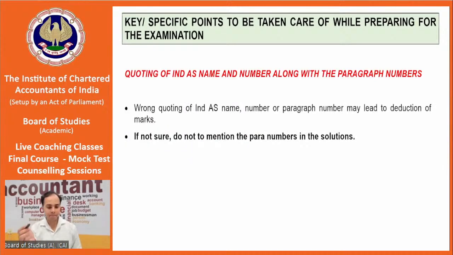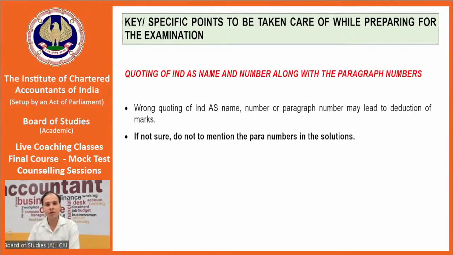As we know, in India there are certain para numbers with respect to all the standards, and there is a separate index for different items like PPE, investment property, financial instruments. If you are not sure about a particular para number, you should avoid quoting it in the answer sheet.